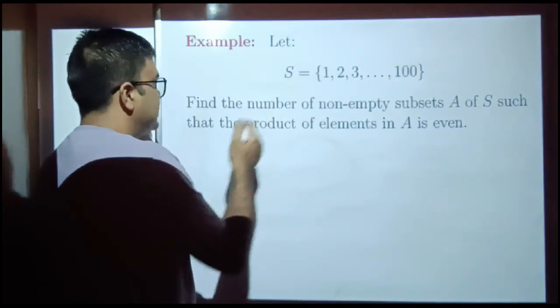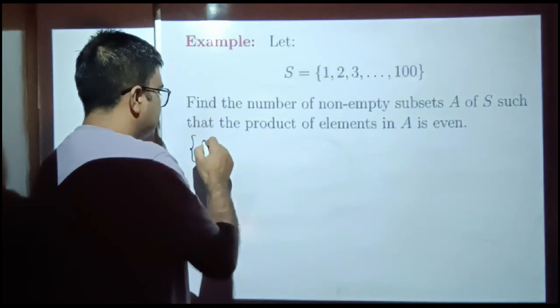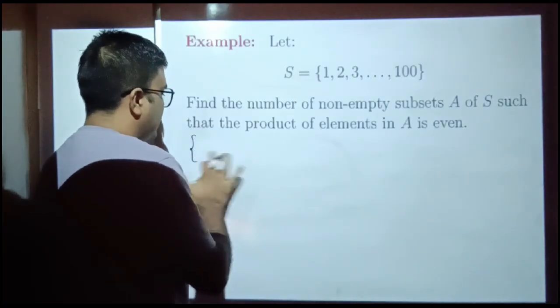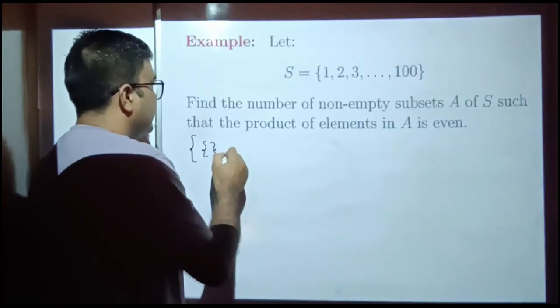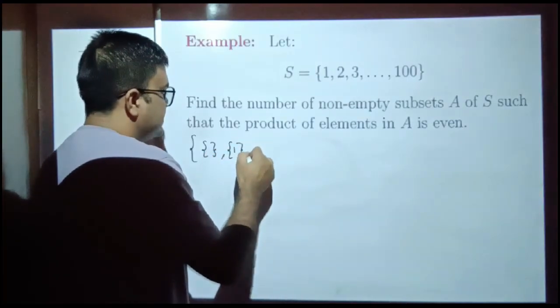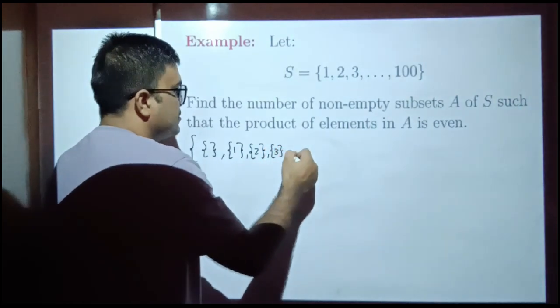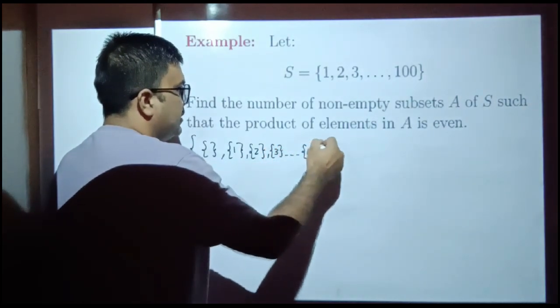So what are the possible subsets over here? One subset will be phi, the empty set. Next are the sets with single elements: 1, 2, 3, and so on up to 100.